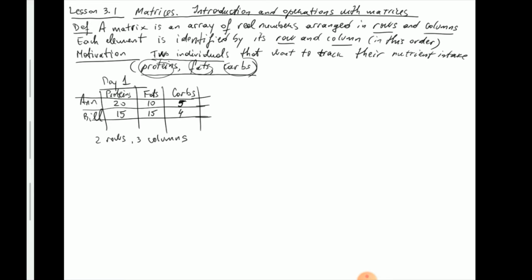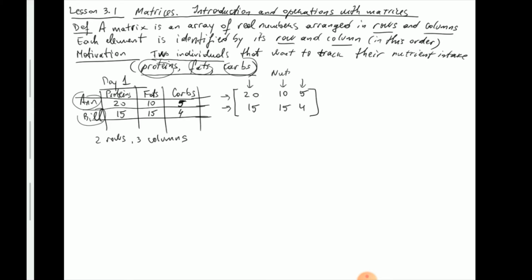Now, obviously, as we move to a more efficient way of writing things in math, once we know the meaning of the rows and the columns, we will write the same information just by listing the entries. Now, of course, we want to be efficient and not write more than necessary, but then it's our responsibility to know that the rows stand for the individuals, Anne and Bill in my case, and the columns stand for the nutrients.